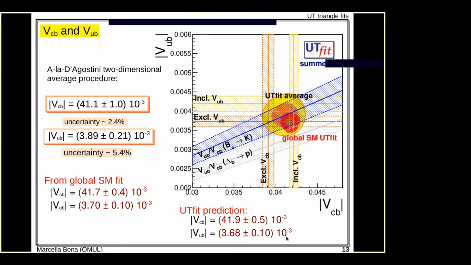Okay, so you see that the error doesn't change too much, but it's better than the input that we get, of course, because the fit helps us. Of course, if you want to learn something from the fit, the fit is not helping you too much, because it points to this corner here, where it points to an inclusive V_cb and exclusive V_ub.